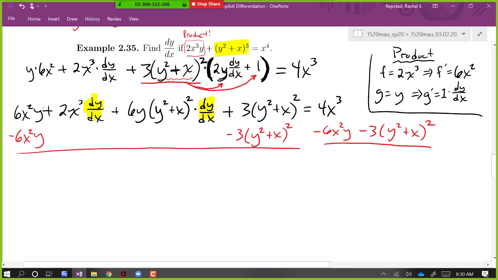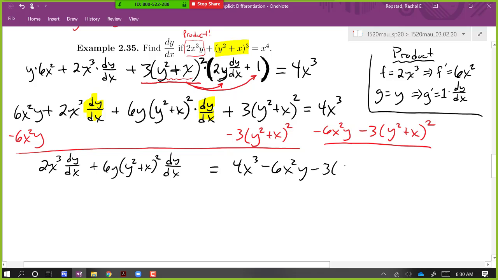And when we do that, on the left side, we've got 2x cubed dy/dx plus 6y squared dy/dx. And then we have 4x cubed minus 6x squared y minus 3y squared on the other side.